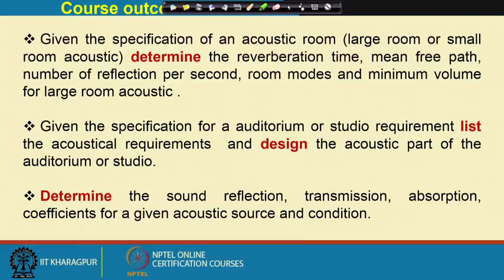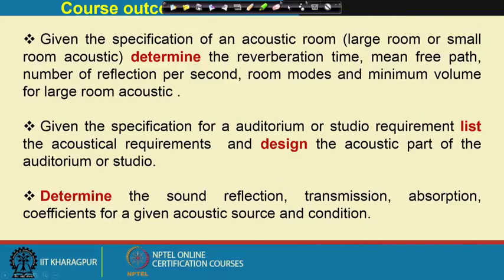For the first part, I have written three outcomes. Given the specification of an acoustic room, that may be a large room or small room, determine the reverberation time, mean free path, number of reflections per second, room modes and minimum volume for large room acoustics.